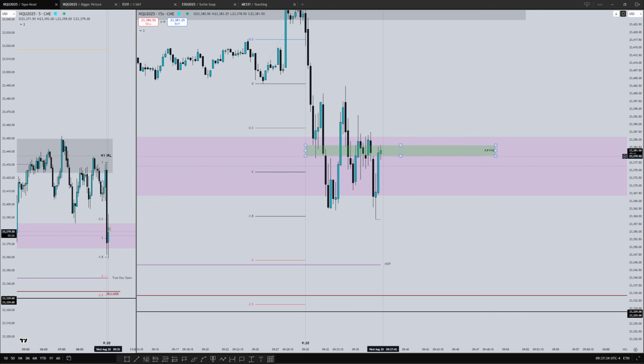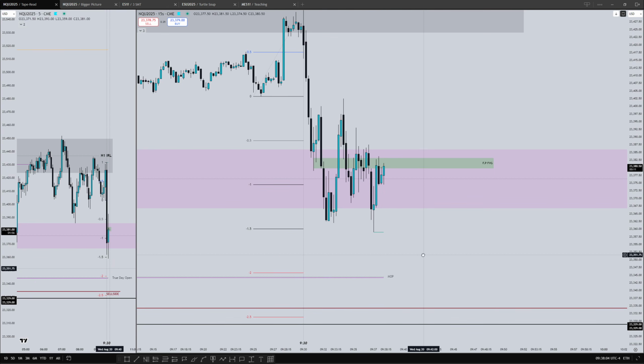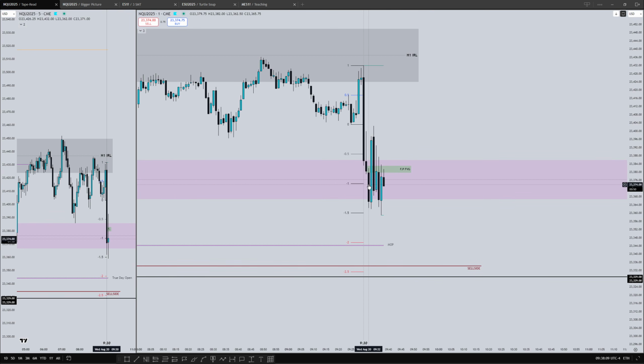There's this gap, the first presentation, and then the H1 SIBI. So still staying within there. I can see all the candles are also closing a bit more bearishly.